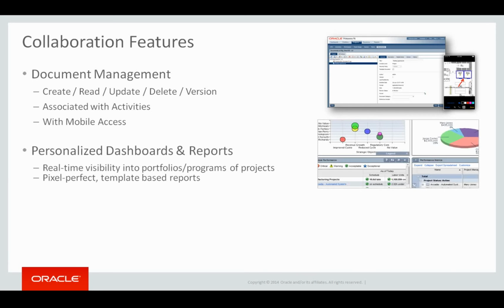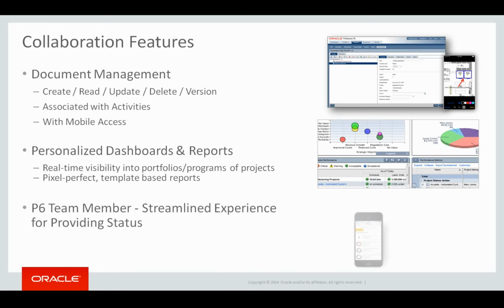There are also a set of dashboarding and reporting capabilities provided in P6 so that users can get the information that they need out of the system for the projects that they're managing, either from a template-based reporting environment or from a real-time dashboarding environment.